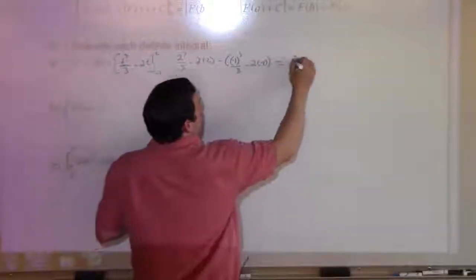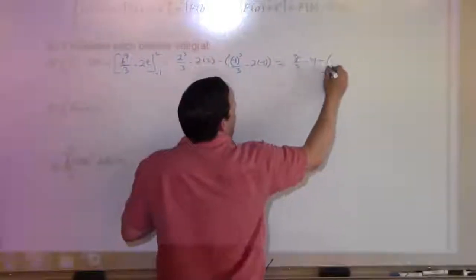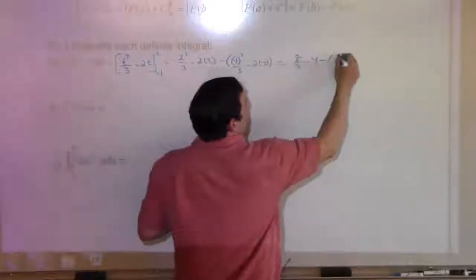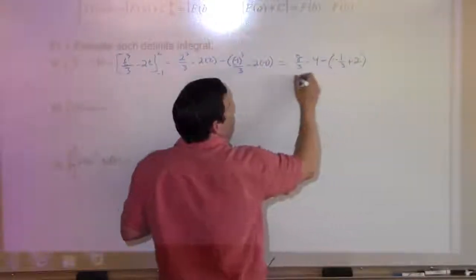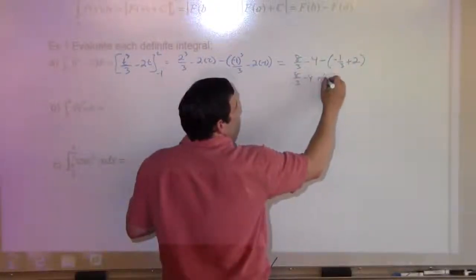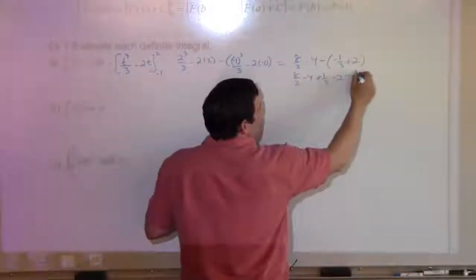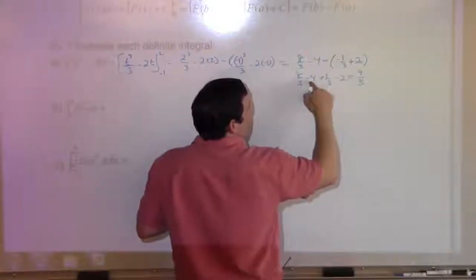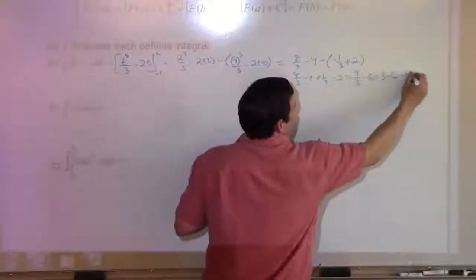That's going to be 8 thirds minus 4 minus the quantity negative 1 third minus negative, makes it plus 2. So it's 8 thirds minus 4 minus negative is plus 1 third minus 2. 8 thirds plus 1 third is 9 thirds. Negative 4 minus 2 is negative 6. So it's 3 minus 6, that's negative 3.